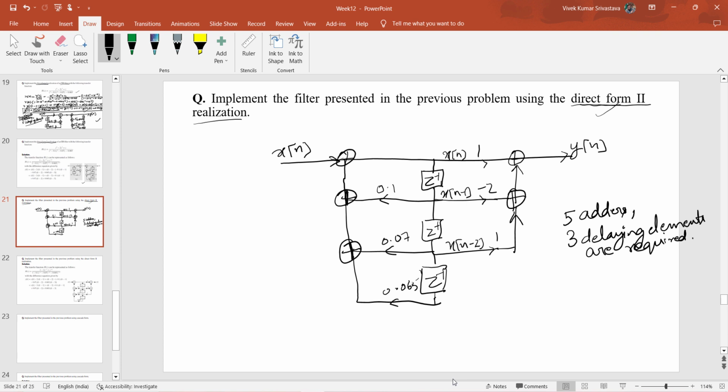Okay, so here for direct form 2 realization, we require only 5 adders and 3 delaying elements. Okay, so this is basically the realization of direct form 2 for IIR filter.